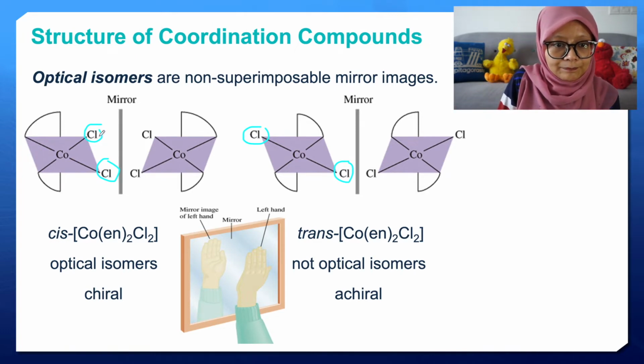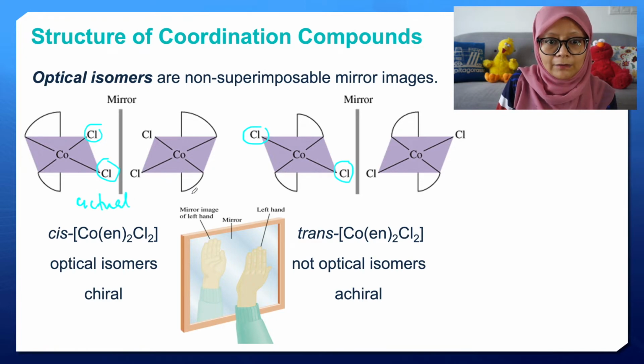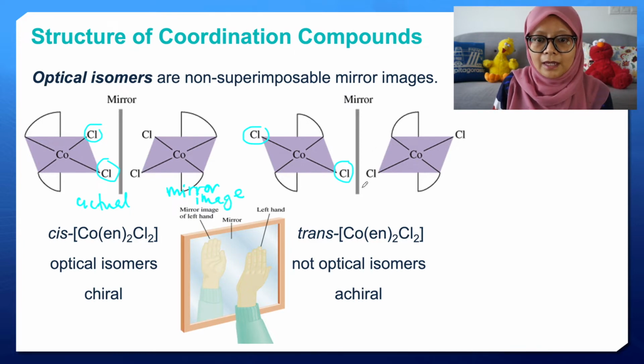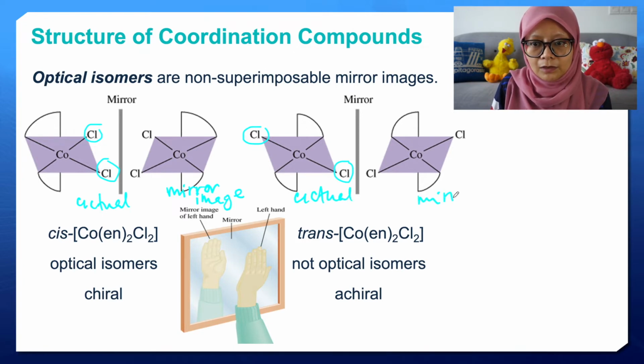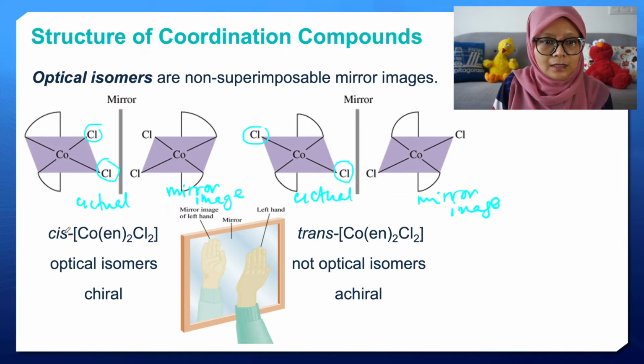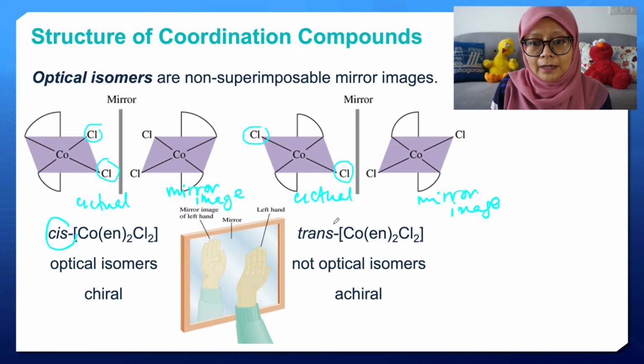This is the actual compound, and this is the mirror image. This is the cis of the cobalt complex, and this is the trans of the cobalt complex.